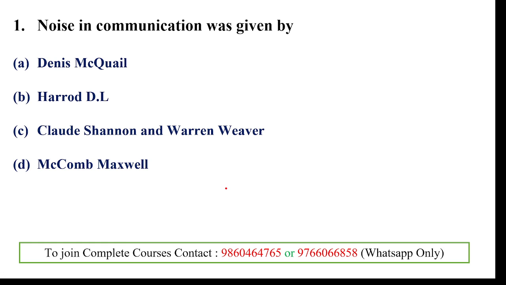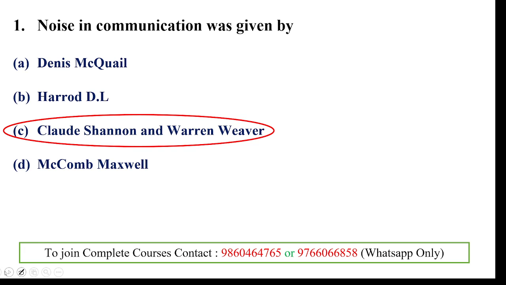there are some questions related to this that we also discussed in this class, about communication models. So first question: noise in communication was given by. Here, the noise is an important component that influences the communication, and the noise was given by a particular model that is none other than the Shannon and Warren Weaver model.